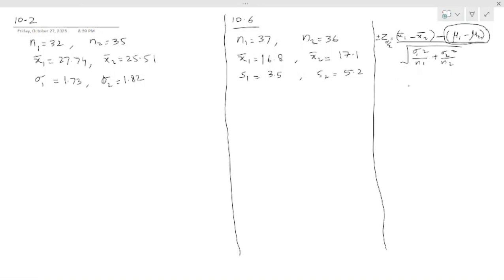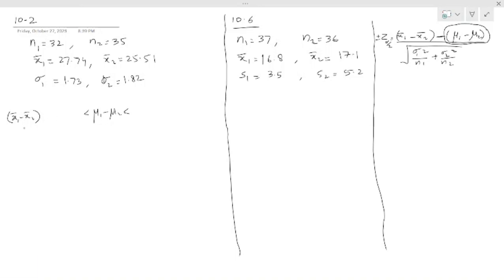Now, we need to multiply these two, and it is better if I write down the formula here in a bigger space. So we keep the population parameter in the center.